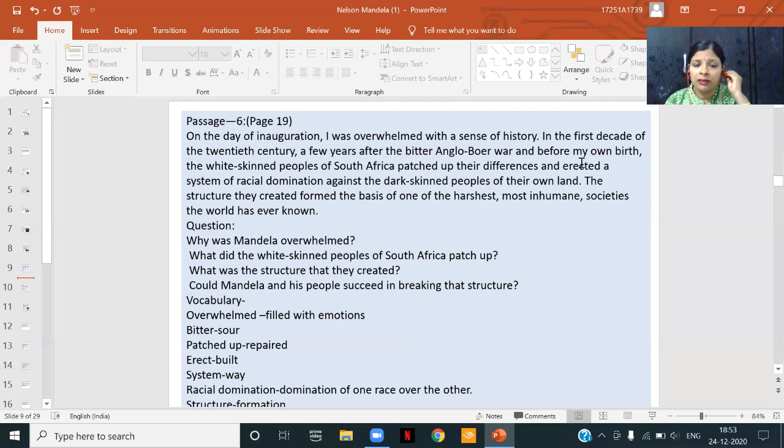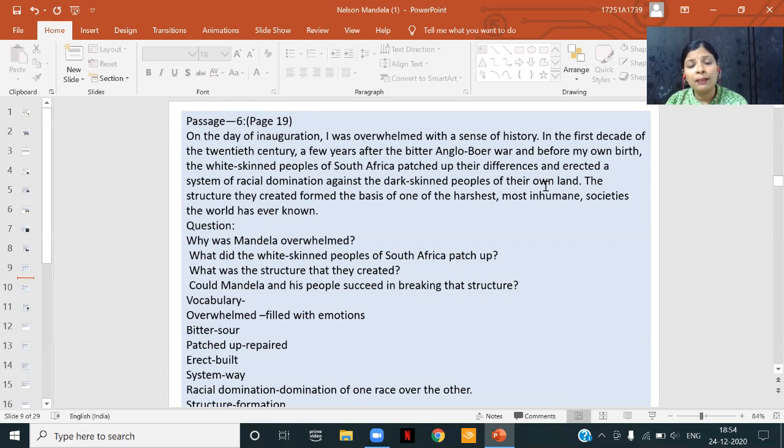And before my own birth, the white-skinned peoples of South Africa. So, children, South Africa was ruled not only by Britishers, but there were also other countries present in South Africa. So, other white people were also ruling over South Africa. And these white people came together, they patched up their differences because all of them wanted to rule over South Africa. They became one, okay, and they erected, means they began or started, a system of racial domination. So they started dominating the black skinned people of their own land.